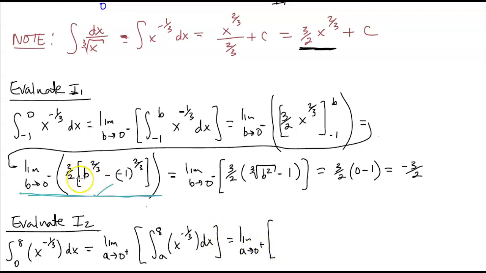And so now I'm going to go ahead and skip to this step right here. So we know this is going to be 3/2 times the integral here of a raised to the 2/3, which I'm just going to go ahead and rewrite as cube root of a squared.